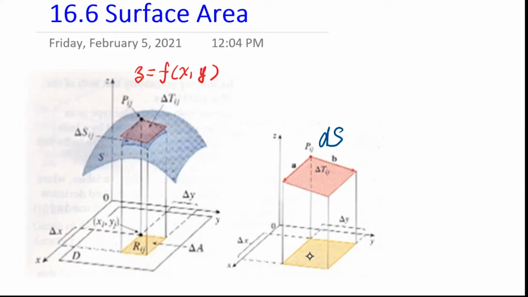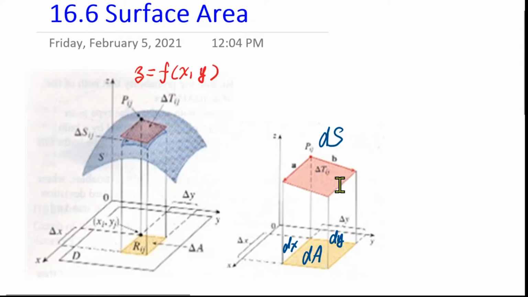And this is my dA. dA, of course, is this distance, which is dx, and this distance, which is dy. But dS is potentially a little bit bigger because it's tilted. So these two are not the same area, and we need to figure out what that dS is.